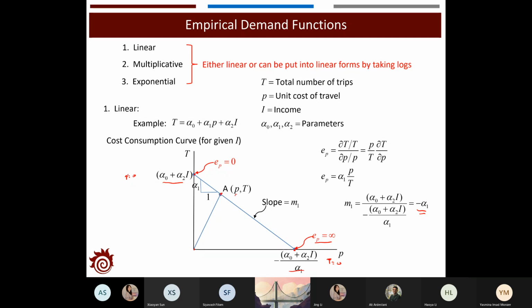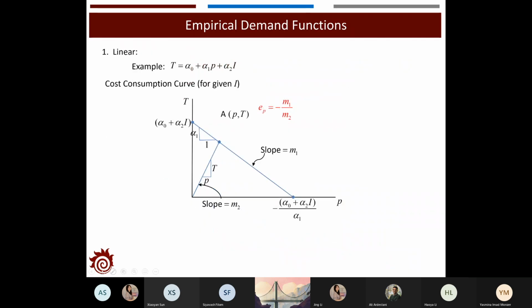Say the point A with the values of P and T. With that, we can find the slope from O to A as M2, which is quickly calculated as T divided by P. Now if we put all these three equations together, you can find that EP will be minus M1 divided by M2. So that's the way to define the elasticity based on the slope of these two lines.